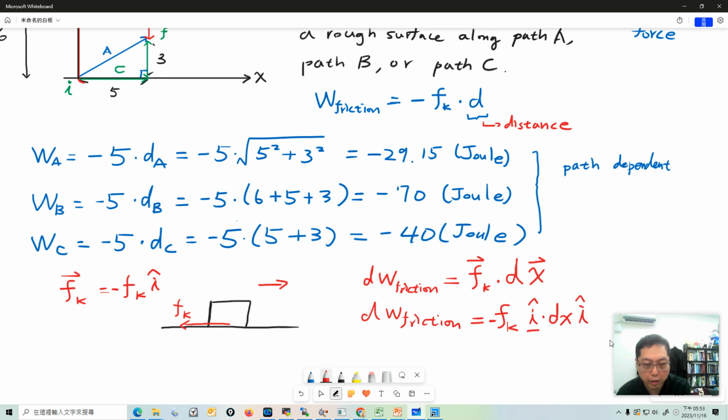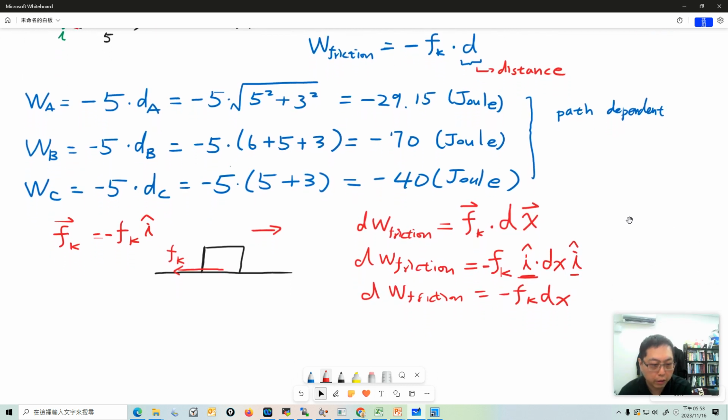Since i dot i becomes 1, the tiny work is equal to minus Fk dx.